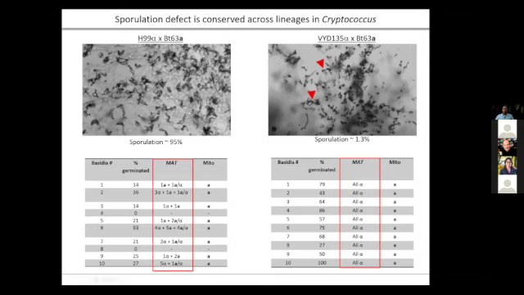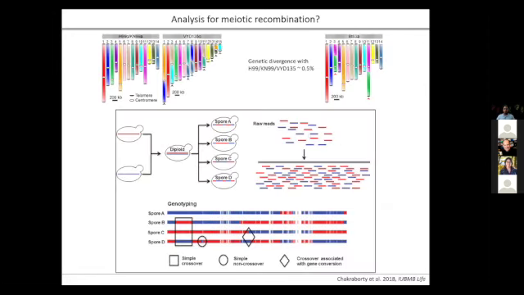So with these progeny in hand, we also wanted to look at them in more detail. One thing that this genetic divergence of about 0.5% allowed us to do was to sequence the progeny and see if there is any kind of recombination or mixing up of the two parental genomes happening at any stage.